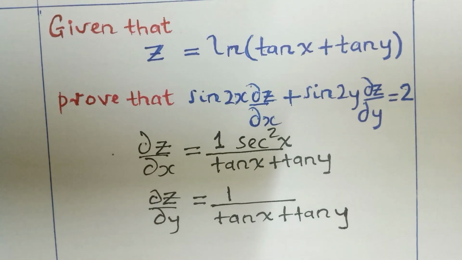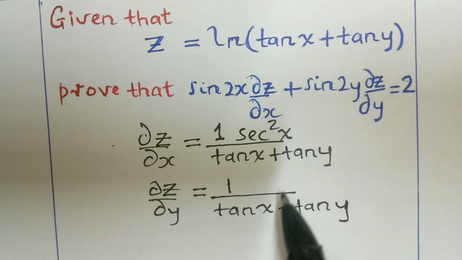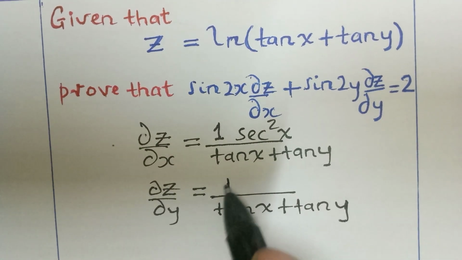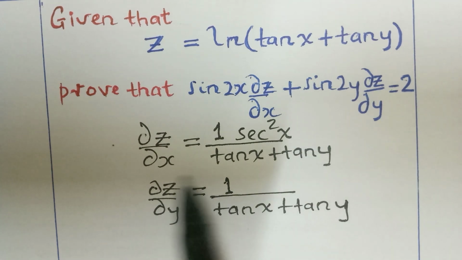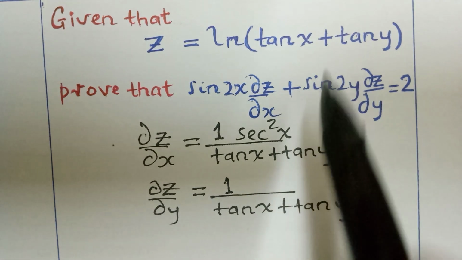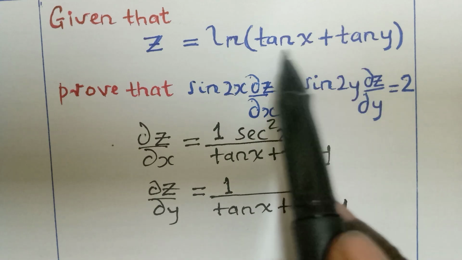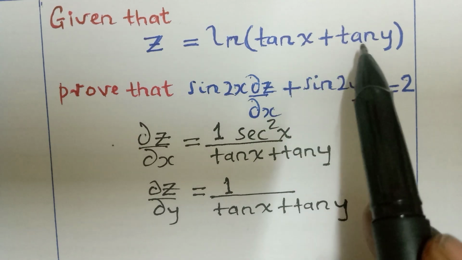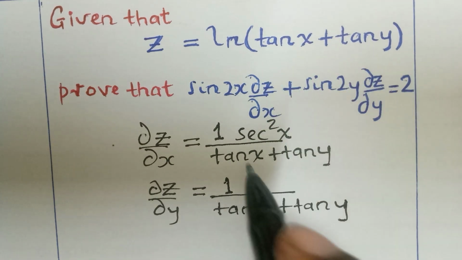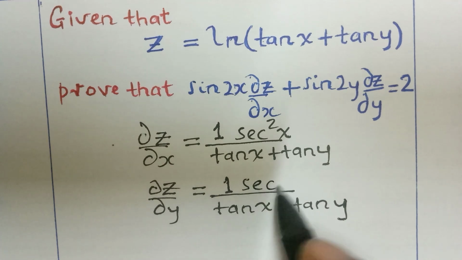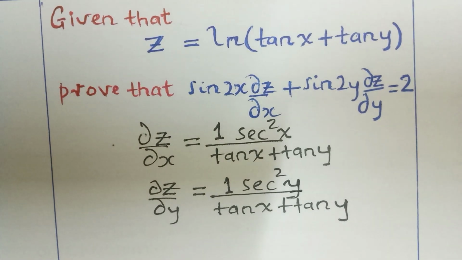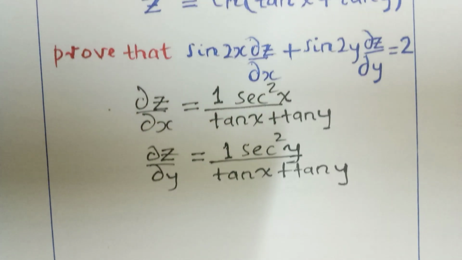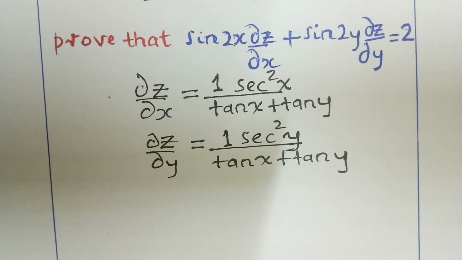Please note guys, I'm using the chain rule, only that I'm doing it off head, but you can try it with the chain rule and see what you get. I take tan x as a constant, so I'm only differentiating tan y, and tan y gives us sec squared y, like that.